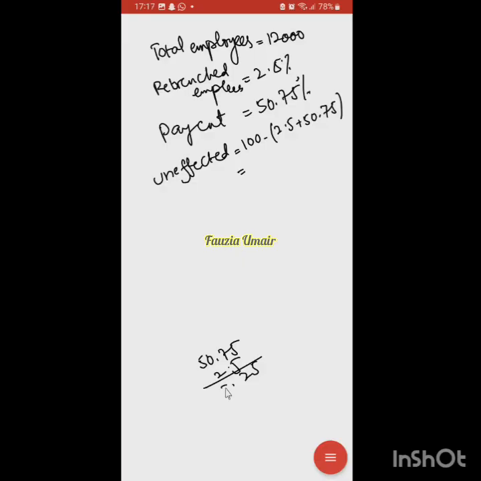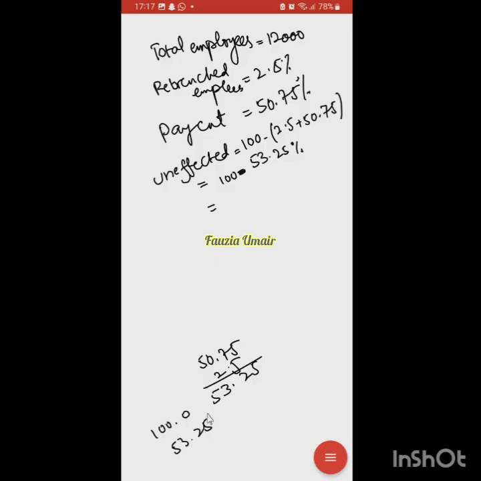So 53.25%. Were unaffected? No, 100 से minus भी करना है ना? So you minus it from 100.